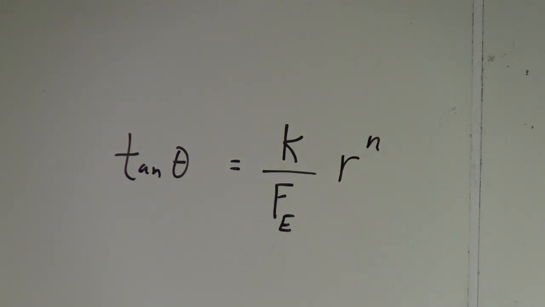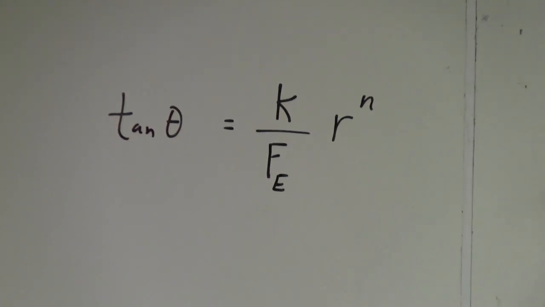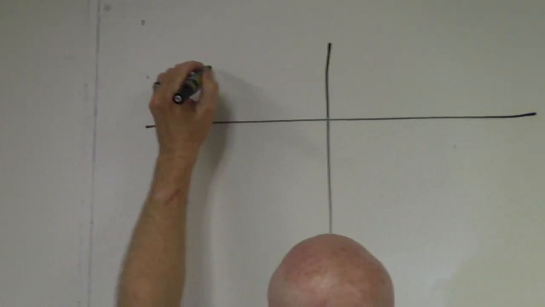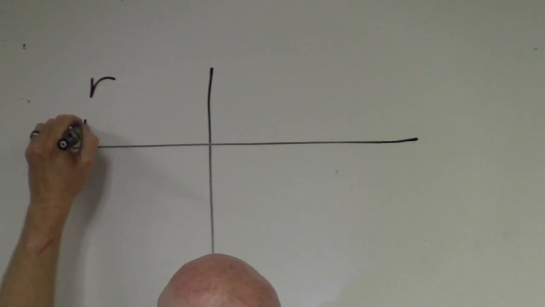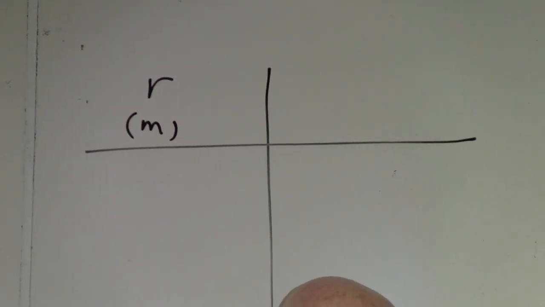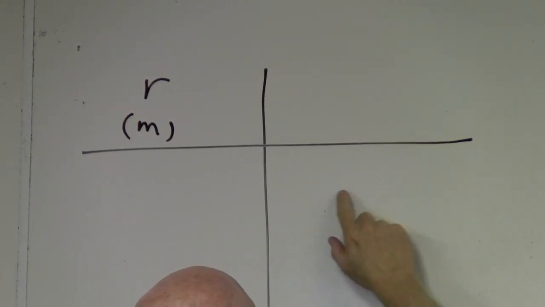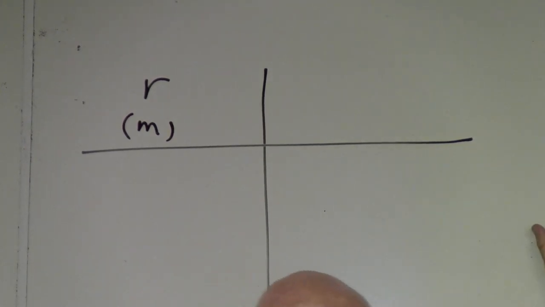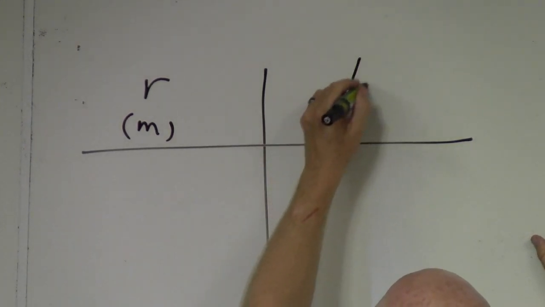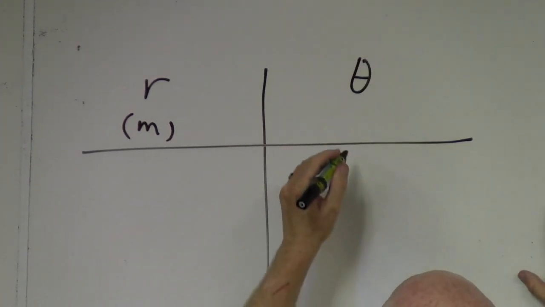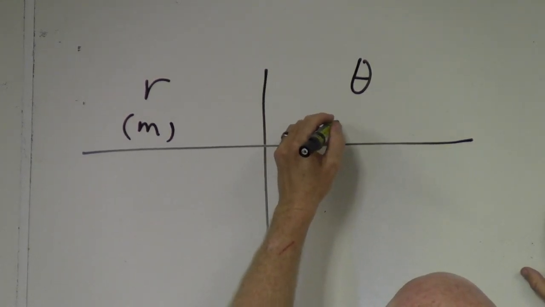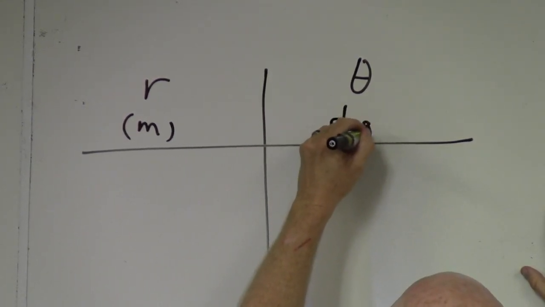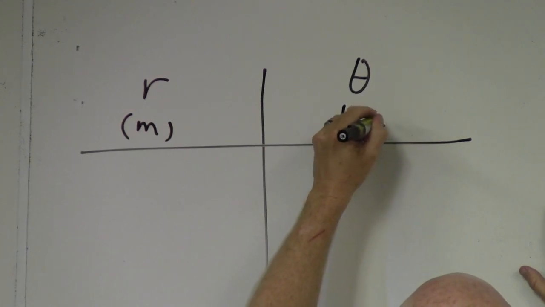This would be saying then that if I were to collect data as I go for different distances of r, which I'll measure in meters, then I will get different angles, which I guess I will measure in, I guess, degrees.